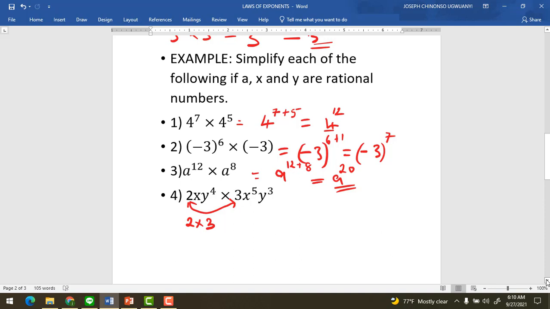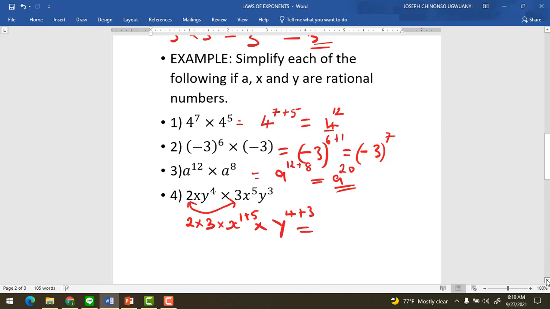Then we have x exponent 1 times x exponent 5, so x exponent 1 plus 5. Now we have y exponent 4 times y exponent 3, so y exponent 4 plus 3.